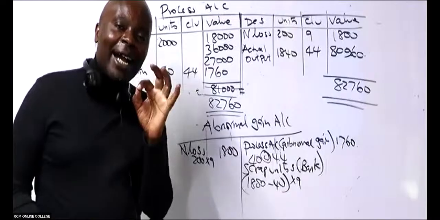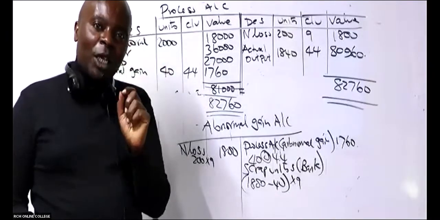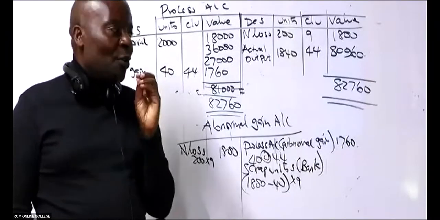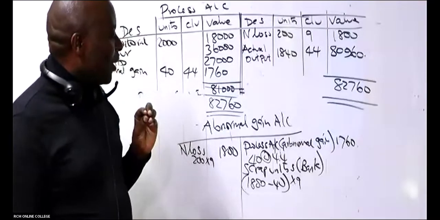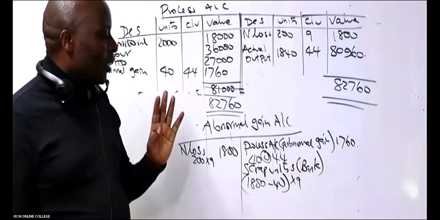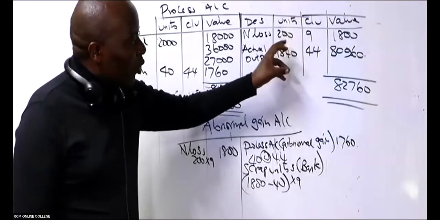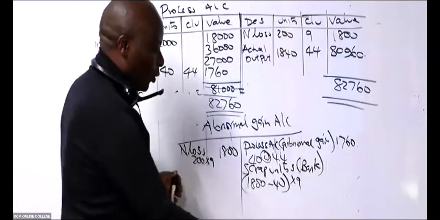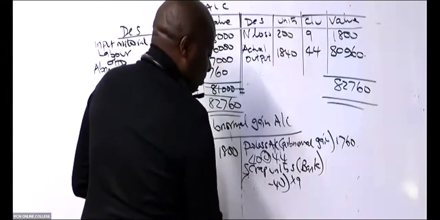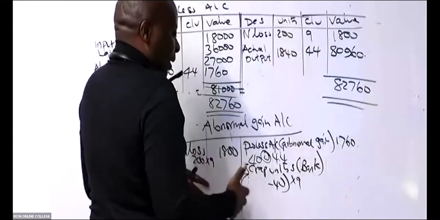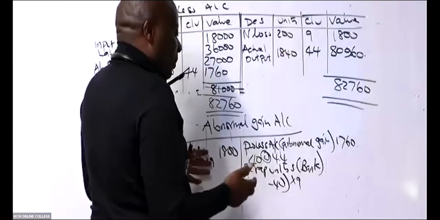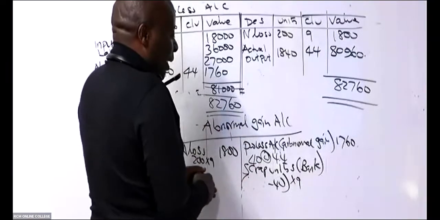Because you see, as process costing experts, we expected the unit loss to be 200. Sorry for that, I was picking the value. We never expected this, but there is a good accident that happened and we saved.